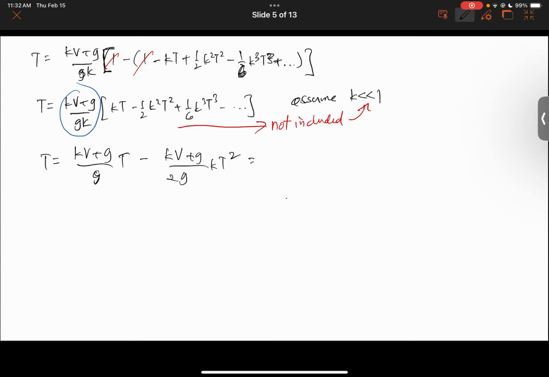So, kv over g plus t minus 1/2 kv over g minus 1 over 2g k t squared. K squared t squared, and then kg k t t squared. Okay.